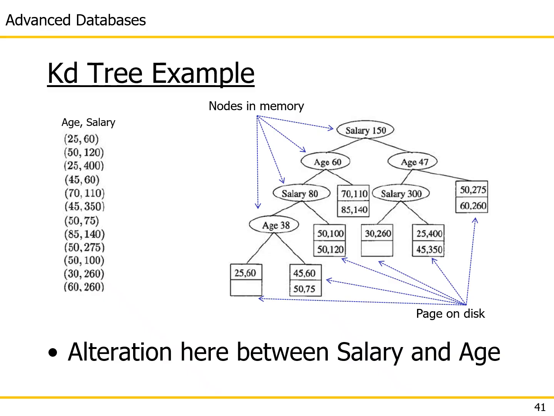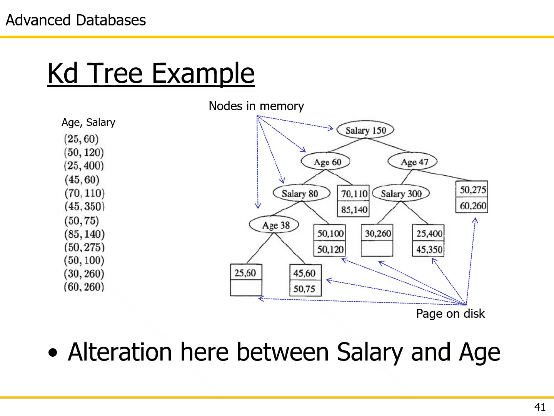At the root level, I decided to start with salary, and I have salary 150. Applying the binary search tree invariant, all salaries to the left of this node, anywhere in the tree, will be less than 150. All salaries greater than or equal to 150 will go to the right.